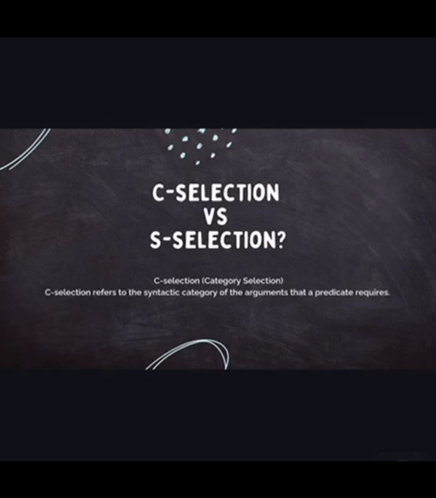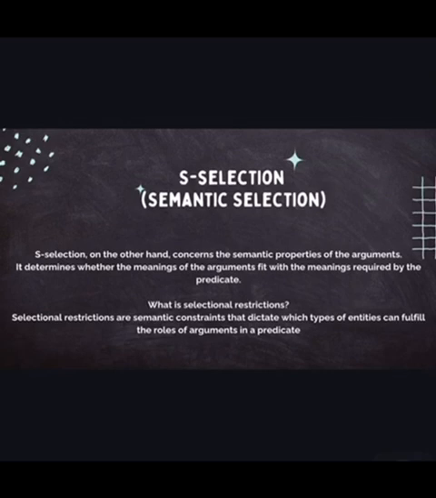Selection also involves the number of arguments a predicate can take. For instance, the verb "hit" selects for a subject and an object, while "run" might only require a subject. Semantic selection determines whether the meanings of the arguments fit with the meaning required by the predicate.